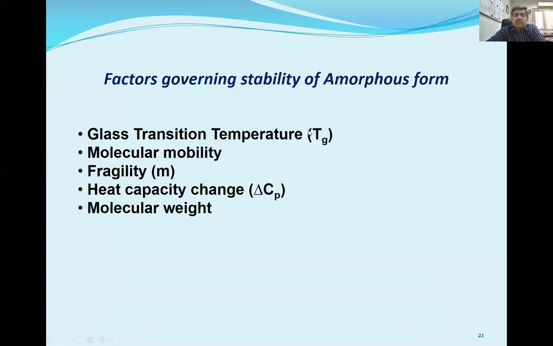And there is a rule called the Tg plus 50K rule, which means if the Tg of the material is about 50 degrees higher than the storage temperature, then that glass is going to be relatively stable at that particular storage temperature. So this is the role of the glass transition temperature in the stability of the amorphous form. The rest of the parameters we are going to take up one by one.